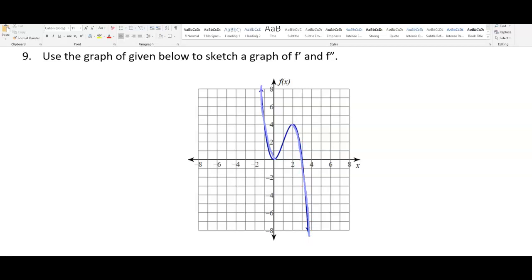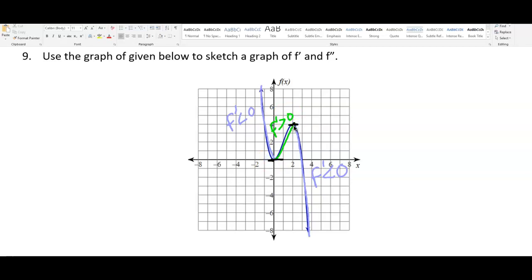It's increasing on the interval from 0 to 2. So what that means is that my derivative on this interval is less than 0. Same thing over here. But in the middle place, my derivative is greater than 0. And it actually equals 0 at these points here.